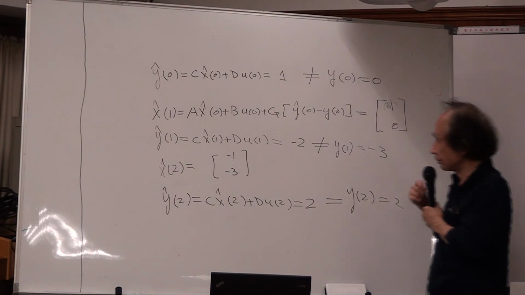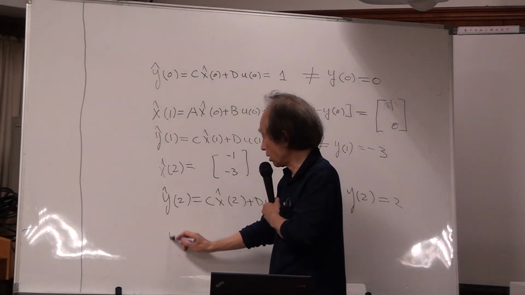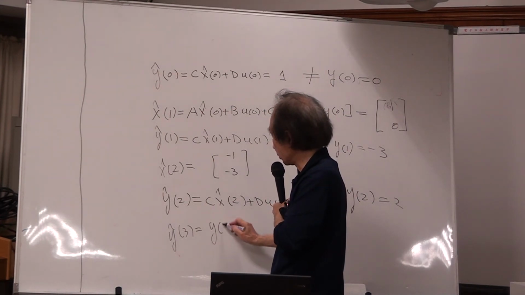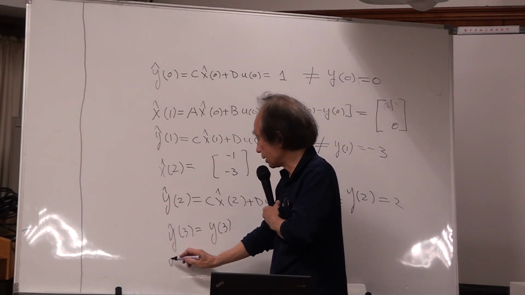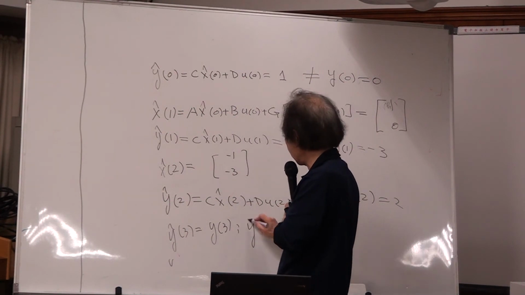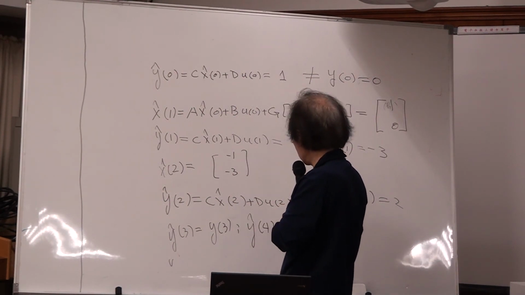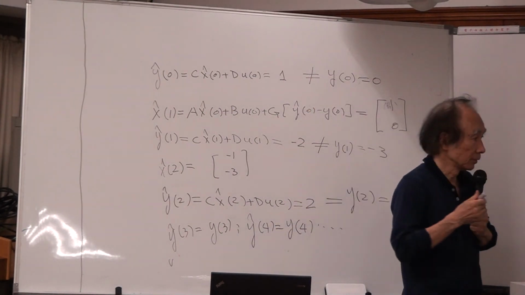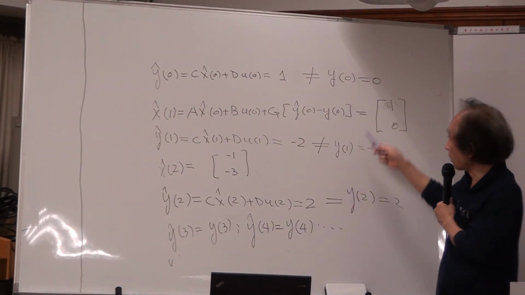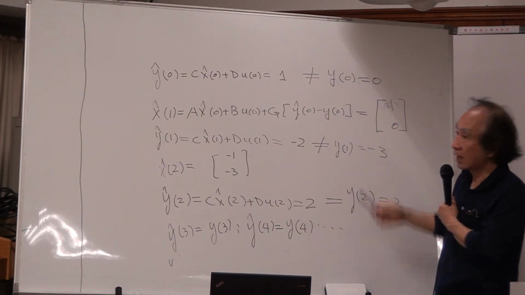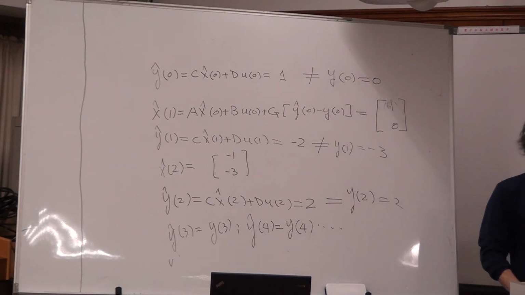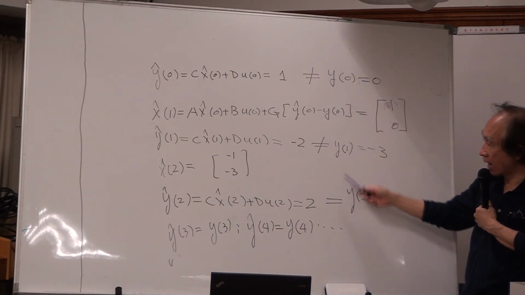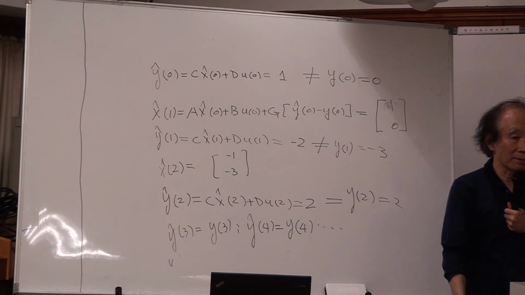So from this on, y hat 3 will be equal to y3, and y hat 4 will equal y4, and so on. They're all true now. So only two steps are not the same as your true measurement. That one and that one. After that, it all becomes the same as yours.